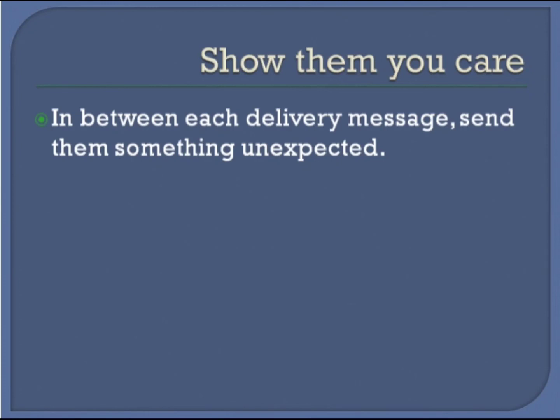Another way, and this is a cool tidbit to show them that you care, is in between each delivery message to send them something that is unexpected. So let's say, for example, that you're sending something every single week. So if I do week 1, week 2, week 3, and week 4, what I mean by this is to send a message.